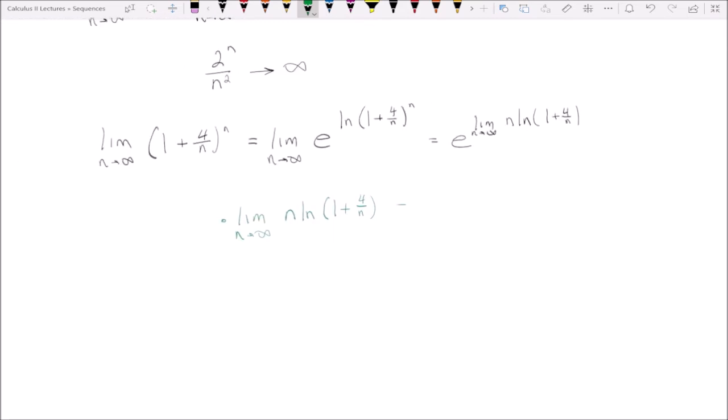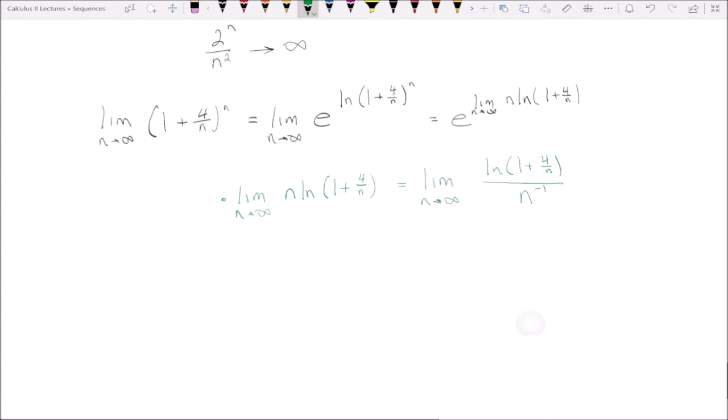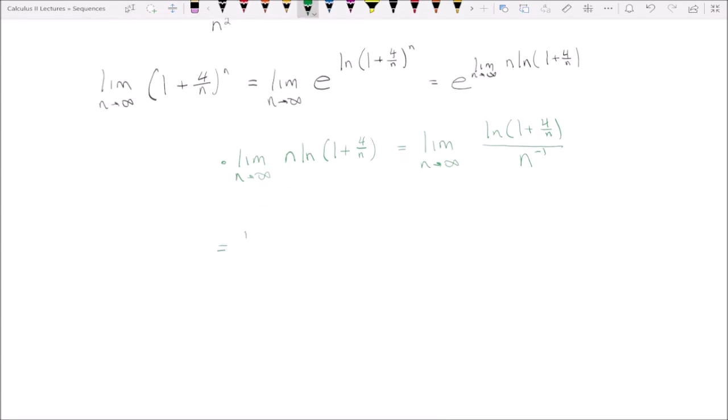Well, we can rewrite it: natural log of 1 plus 4 over n all over n to the minus 1. Now we can use L'Hopital's rule. Negative 4 over n squared divided by 1 plus 4 over n, all over negative n to the minus 2.